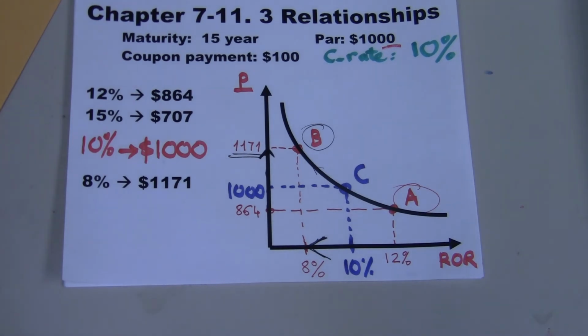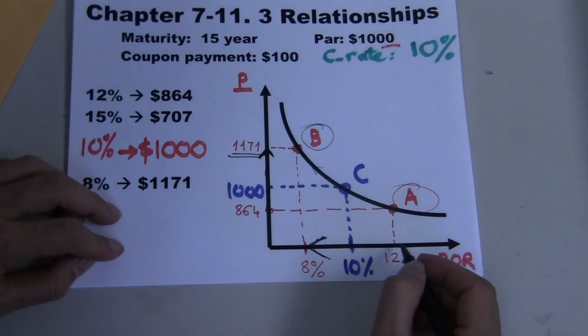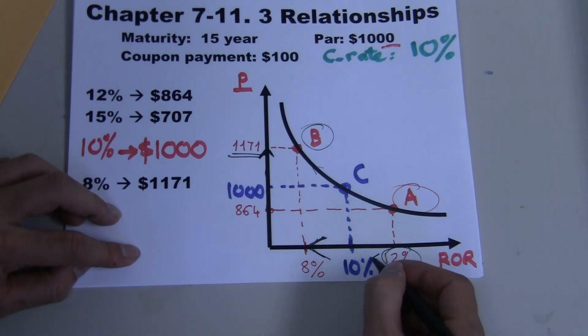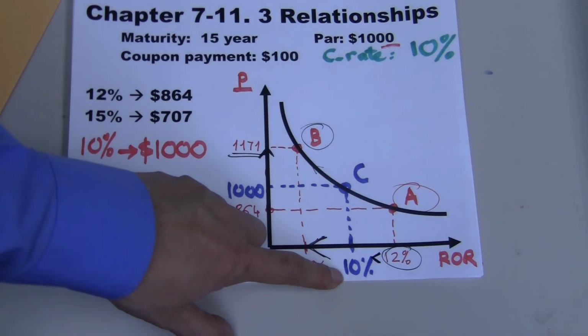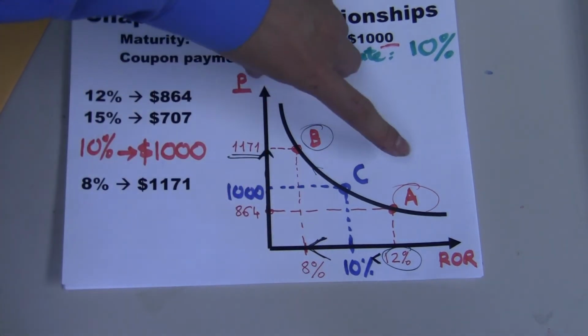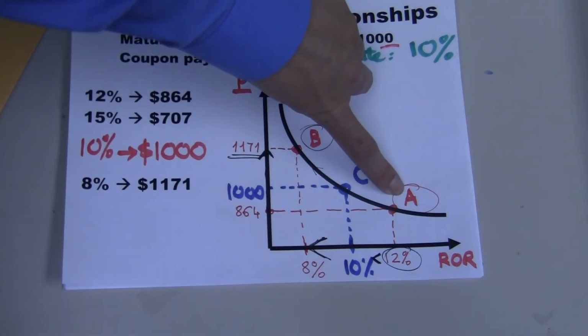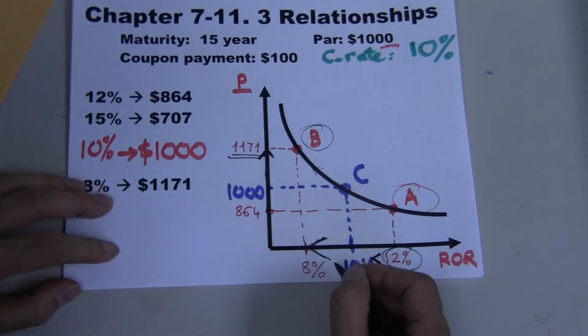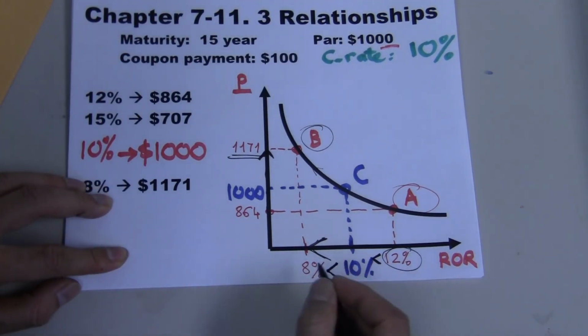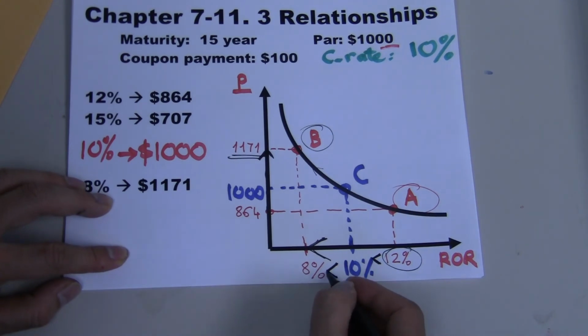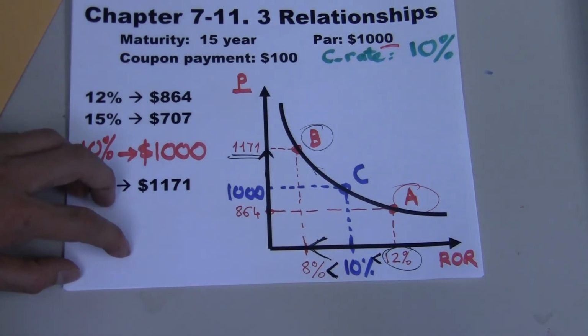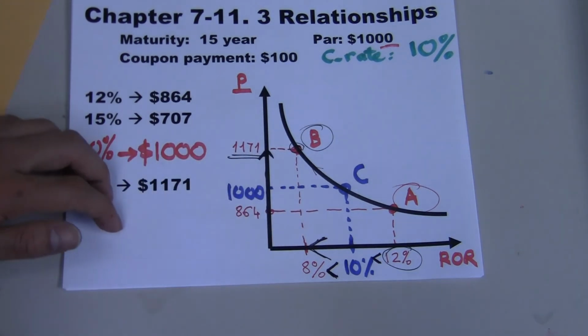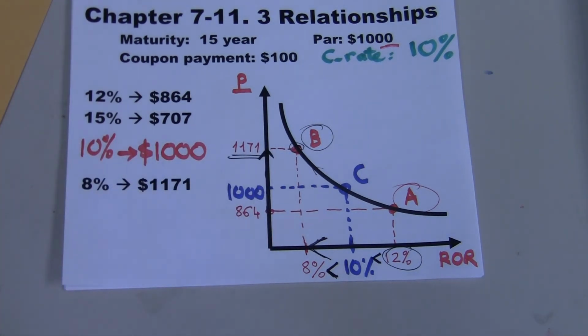Another way to think about that is, if your required rate of return is more than the coupon rate, you will have a discount bond. On the other hand, if your required rate of return of say 8% is less than the coupon rate, you have a premium bond. So it is a very, very important relationship between price of the bond and required rate of return.